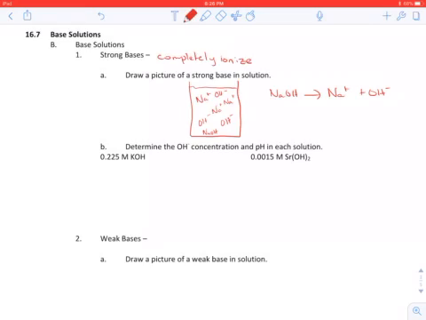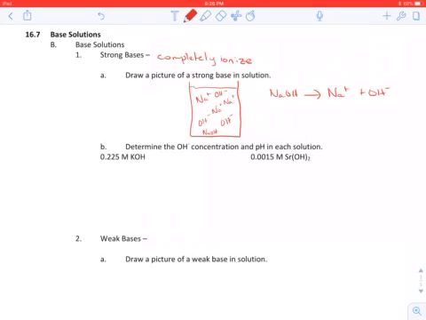So the next part of this is determining the hydroxide ion concentration. So this is just basically finding the pH, or we can find the hydroxide concentration very simply. Alright, so if we look at that first one, we've got KOH, so that means it's going to break apart completely in solution.